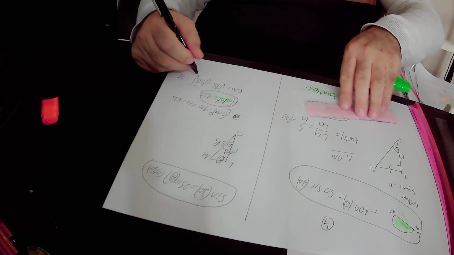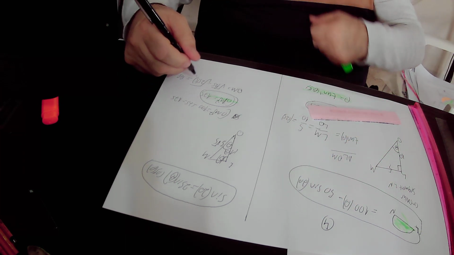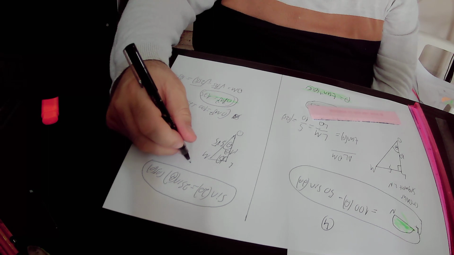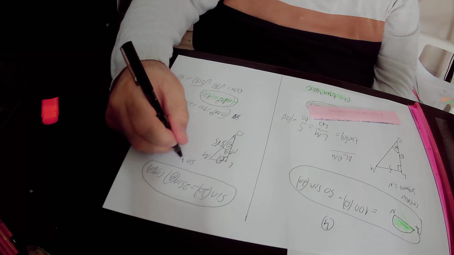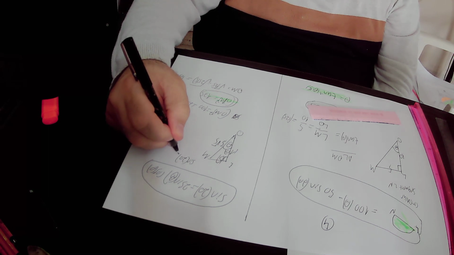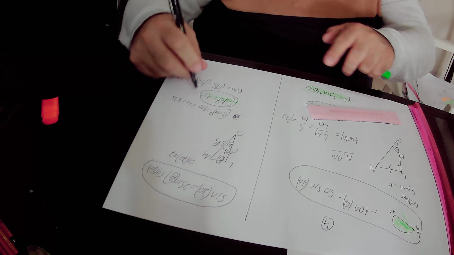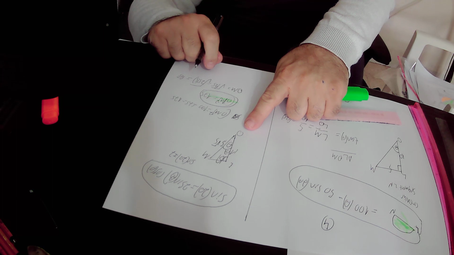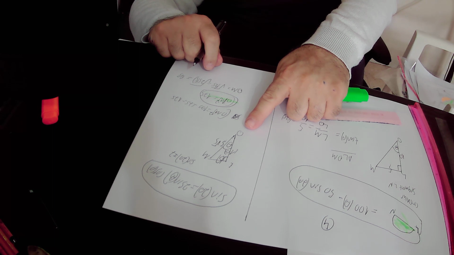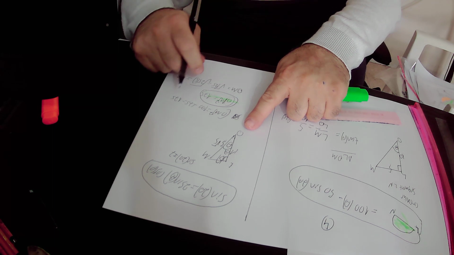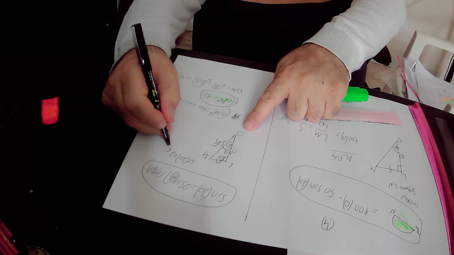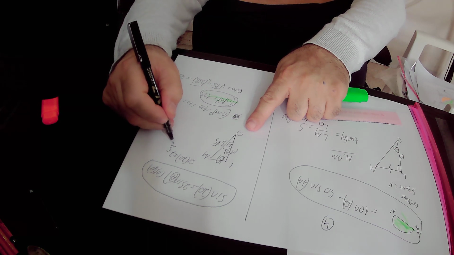So here we get that sinus 2 theta equals to 2 times sinus theta. According to this right triangle, sinus theta equals to LM over MO. LM is 5 and MO is 5 times square root of 5.